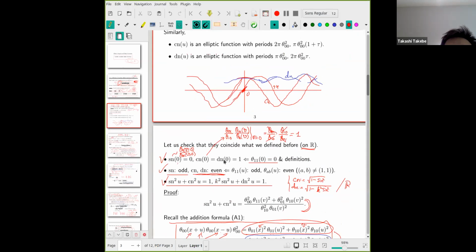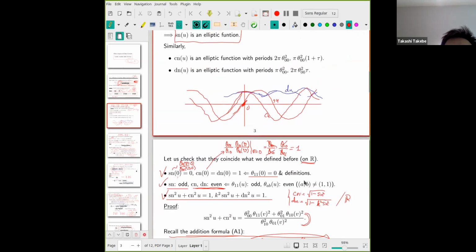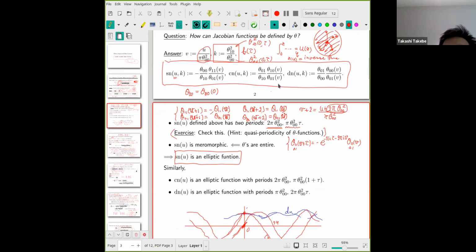Similarly, Cn and Dn are 1 here because, by definition, if v or u is 0, then the numerator and the denominator cancel.